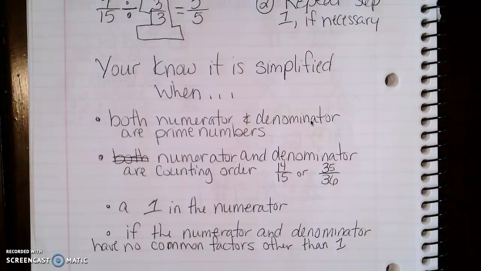So if 1 is their only common factor, then it's already simplified down. Obviously, it doesn't do us any good to divide by 1 over 1, because we would just get the same exact answer.